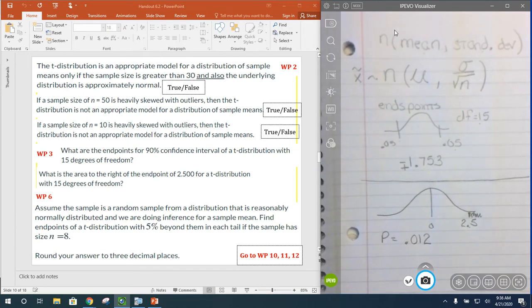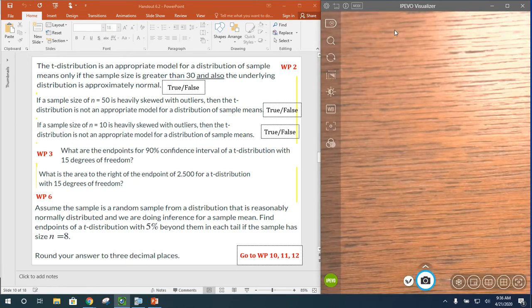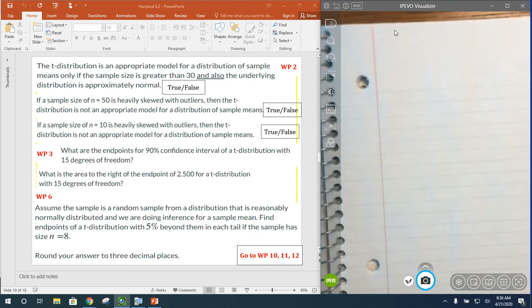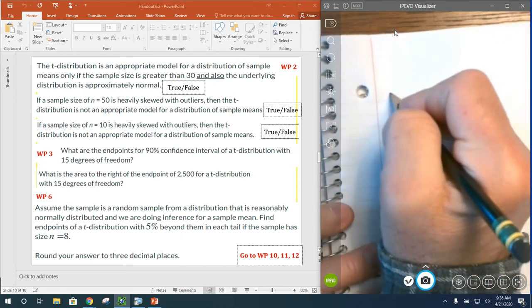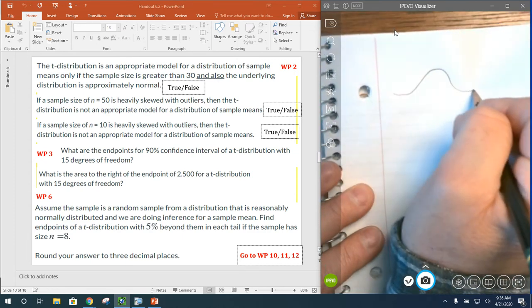Question number 6. Assume the sample is a random sample from a distribution that is reasonably normal, and we are doing inference on a sample mean. Find the endpoints of a t distribution with 5% beyond them in each tail if the sample has size of 8. I like to draw it out quickly.